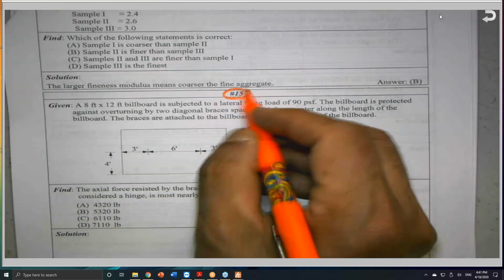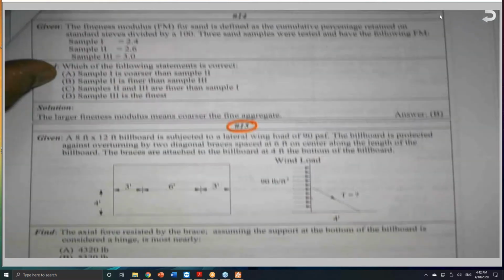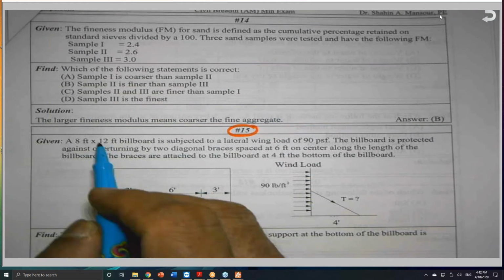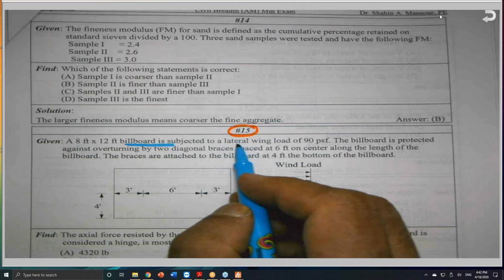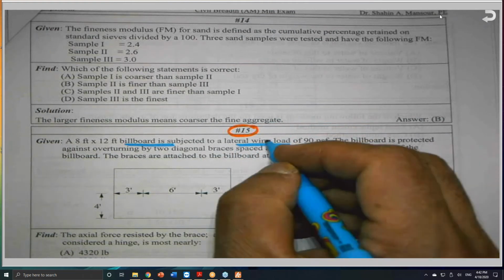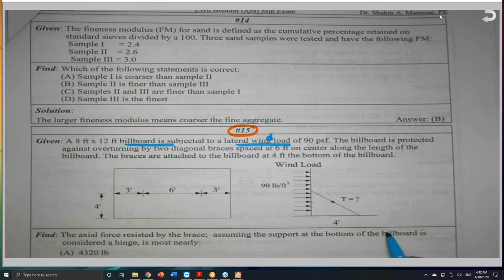Question number 15, for example. I will try to be as slow as I can. It says that an 8 by 12 billboard is subjected to a lateral wind load of 90 pounds per square foot.